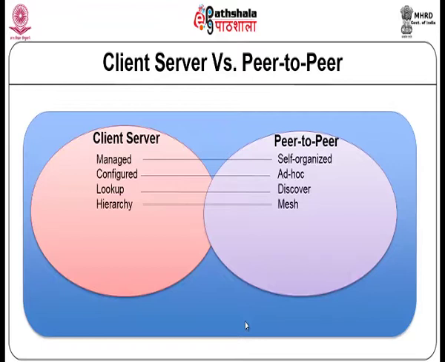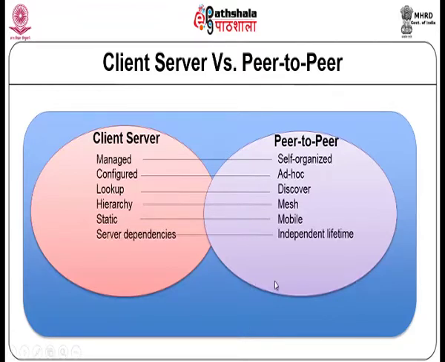Obviously, client server is hierarchical, and this is a flat mesh structure. Client server is static in the sense that we give an IP address to the client and to a server, and the server has to be present at that specific IP address. So, it is static. I cannot dynamically add a server on the fly, whereas in P2P it is possible to add new nodes.